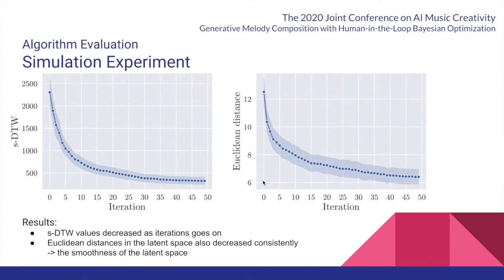We found Euclidean distances in the latent space also decreased consistently. This indicates the smoothness of the latent space. The results suggested that Bayesian optimization could effectively find melodies that are reasonably similar to the target one after around 20 iterations in the 4-dimensional latent space.